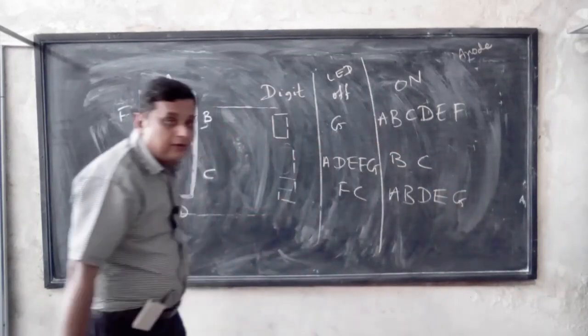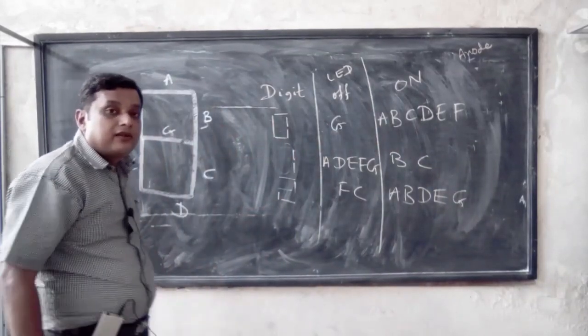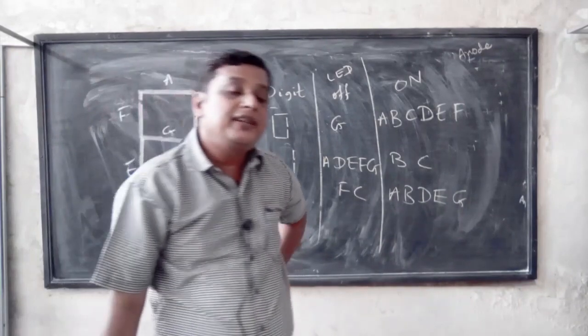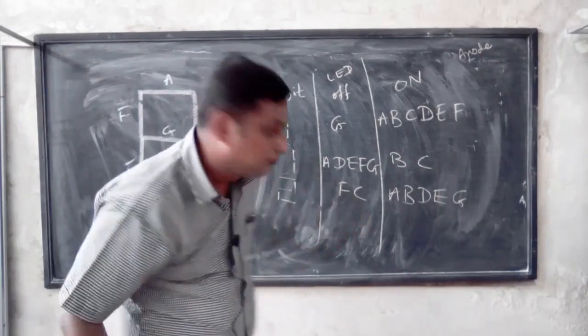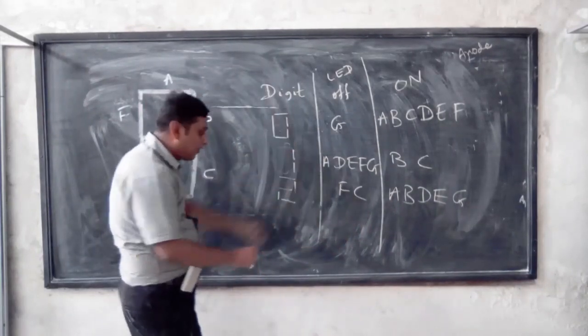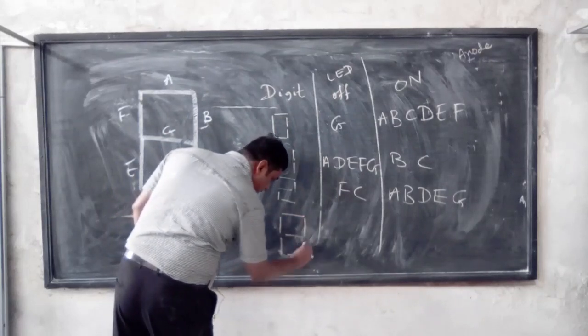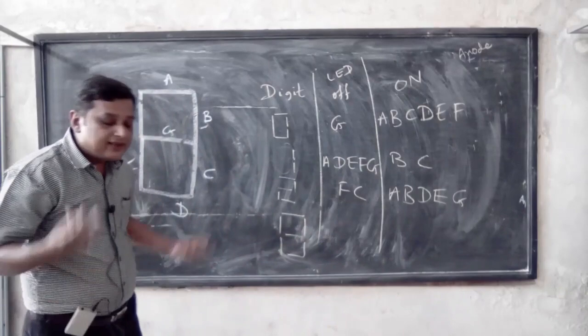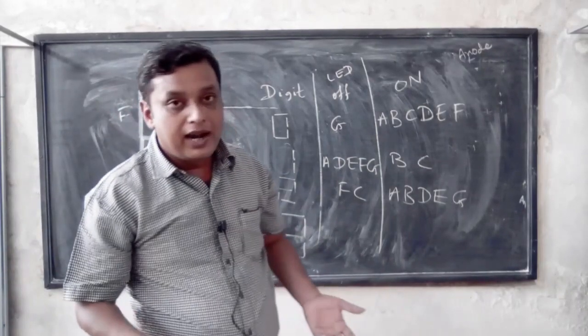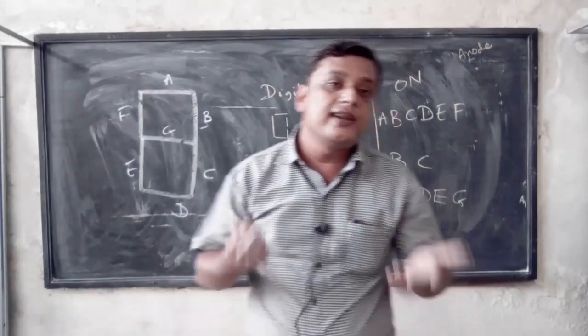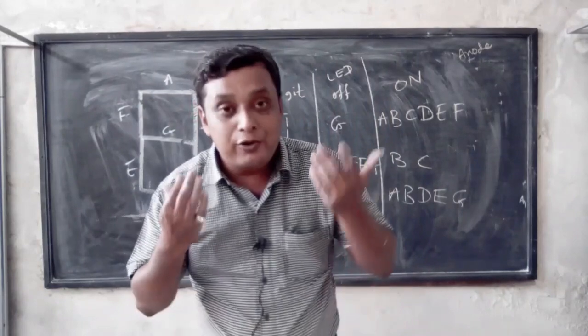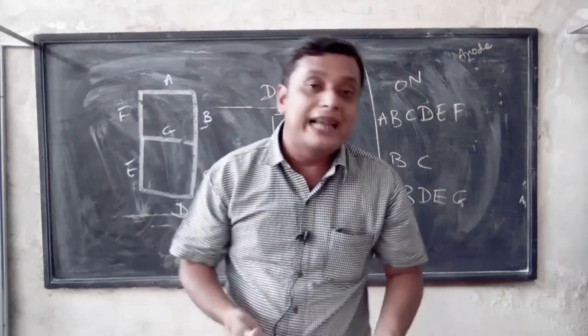If I want to display digit 8, after 0, 1, 2, 3, 4, 5, 6, 7, 8, each and every LED would be under the forward bias, and each and every LED will be able to produce light energy.